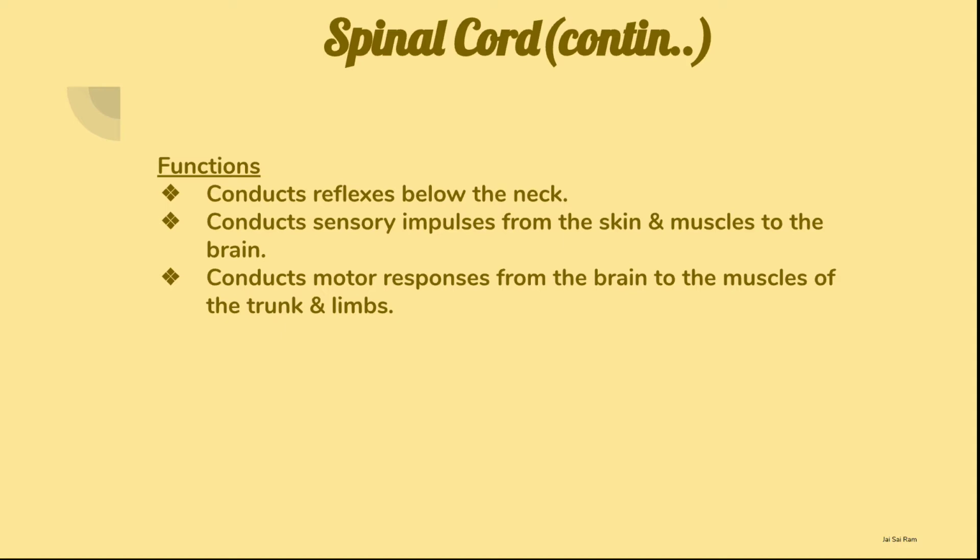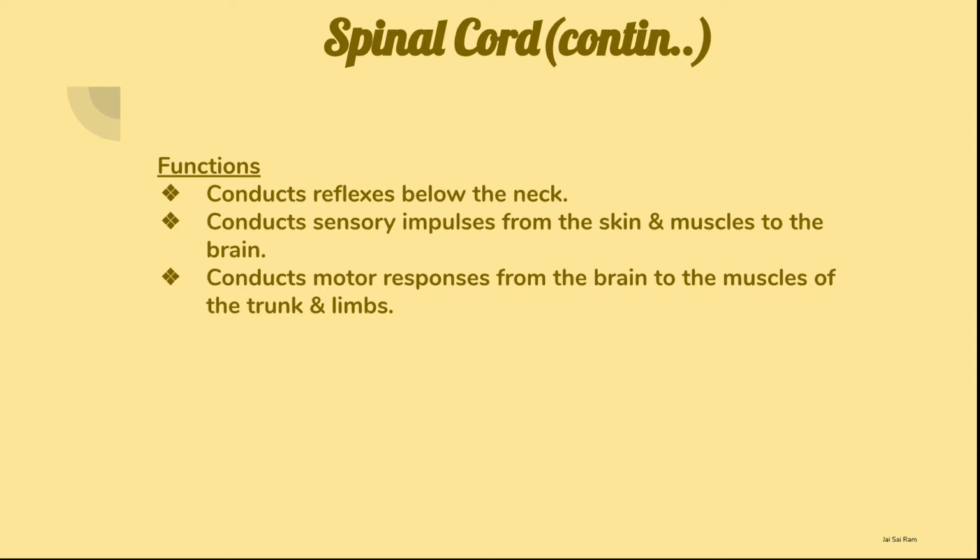It conducts reflexes below the neck. All the reflex action which occurs below the neck is conducted by the spinal cord. Then it conducts the sensory impulses from the skin and the muscles to the brain. So it carries all the impulses coming from the skin or the muscles to the brain.